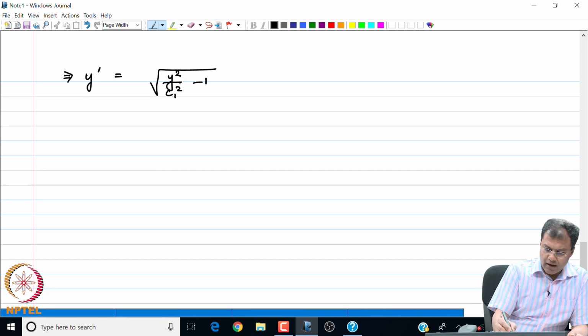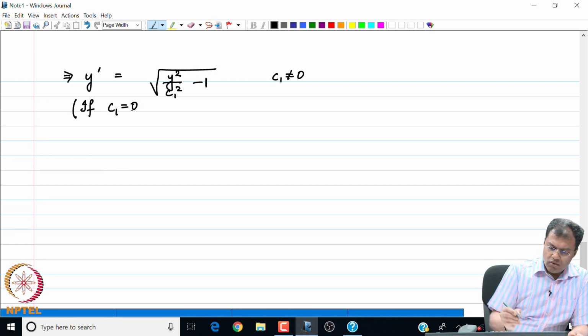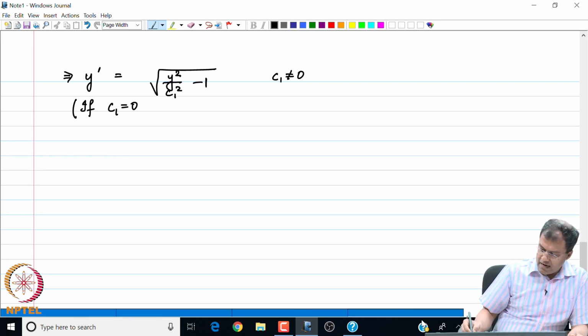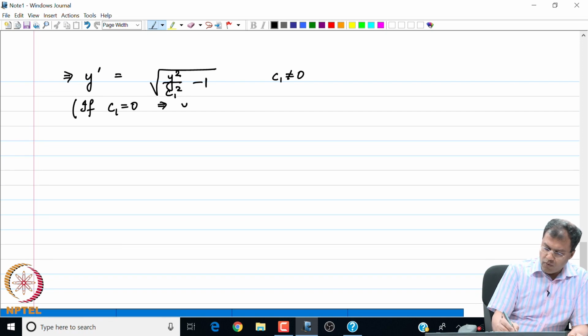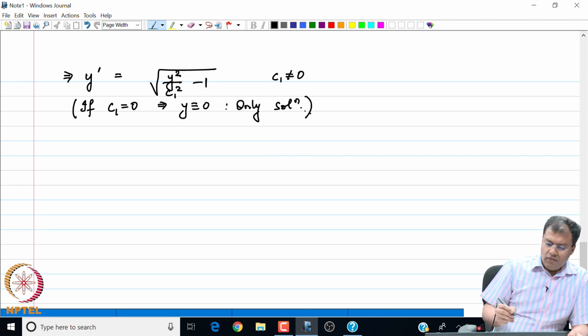We can see that C1 cannot be 0, because if C1 is 0, let us go back to the previous slide, the only solution I get is y is equal to 0. It implies that y identically equal to 0 is the only solution, and that is what we have here.